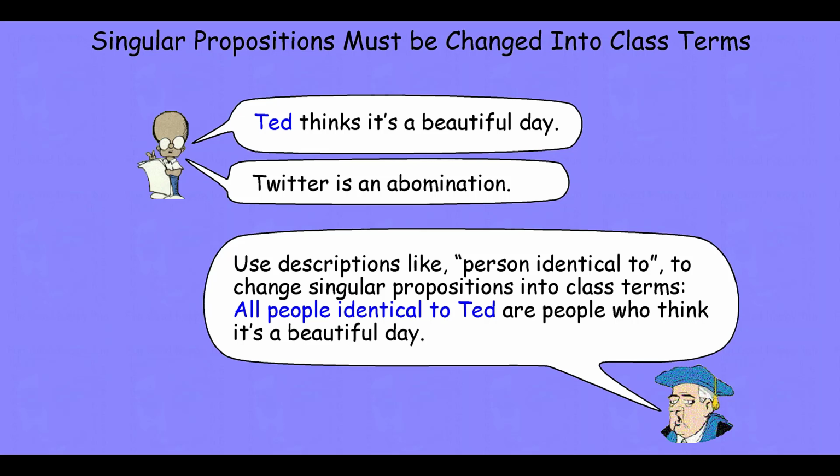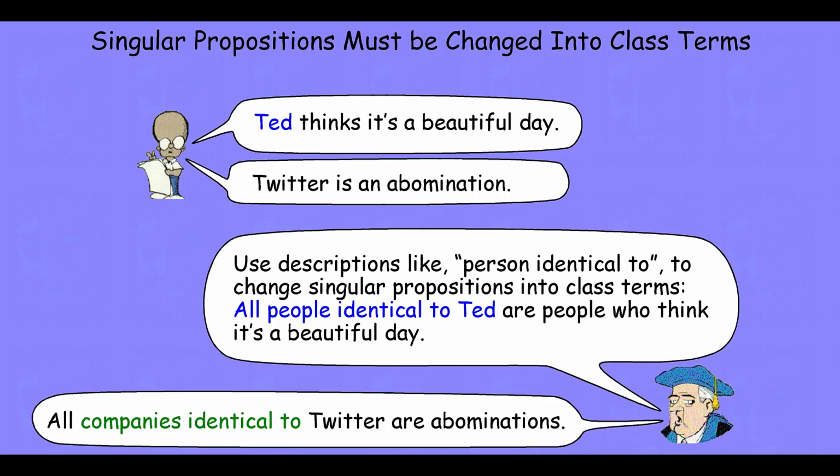If I want to include this in my categorical logic, I need again to modify the way I describe it so that I pick out a class containing only the company Twitter as its member. All companies identical to Twitter are abominations.